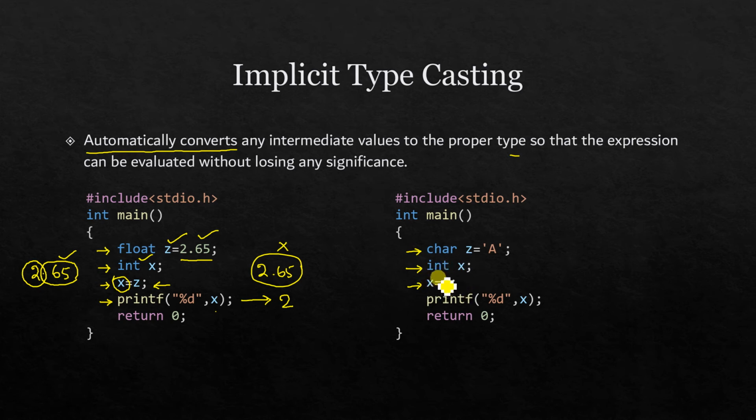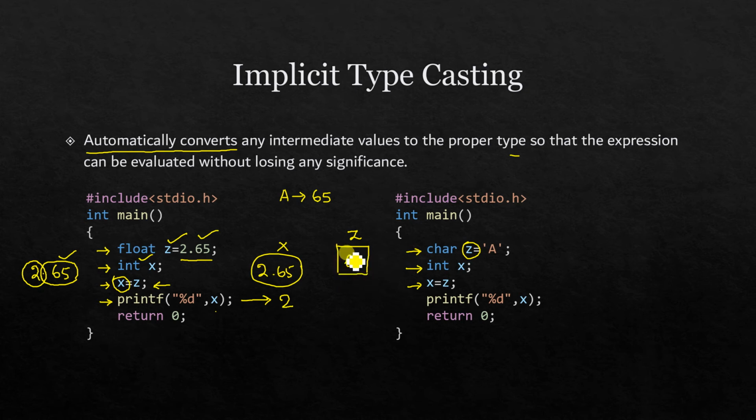What happens in this case? We know that whenever a character is stored in memory, it is stored in the form of its ASCII value, and we have already discussed that the ASCII value of capital A is 65. So z contains 65 in it.